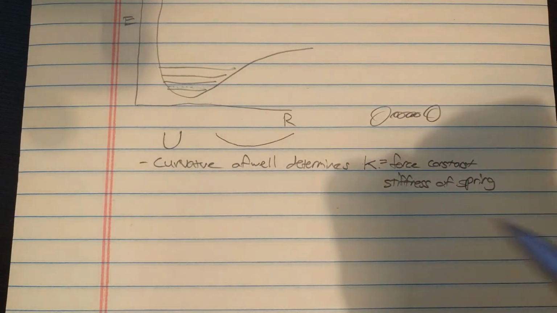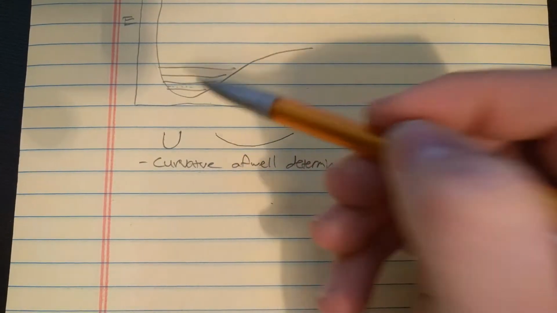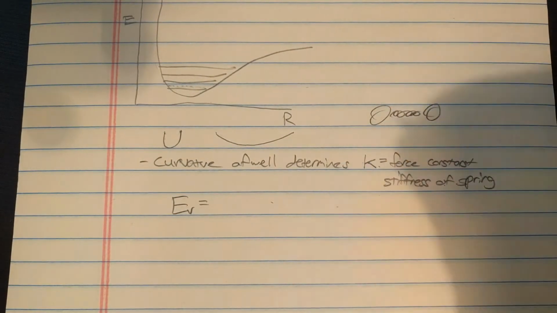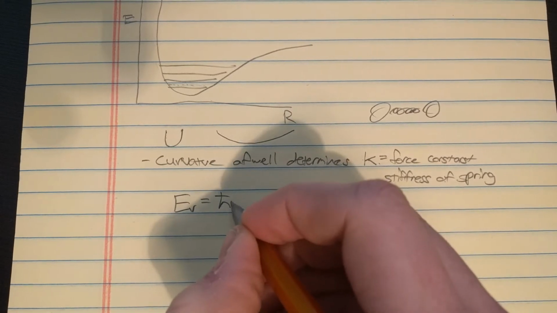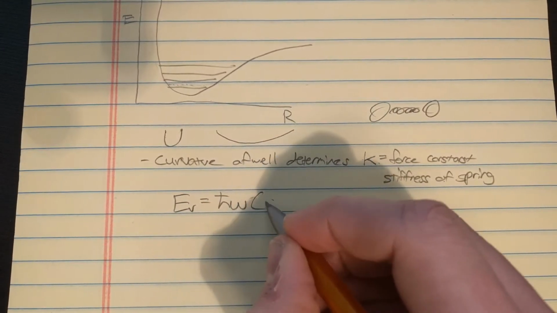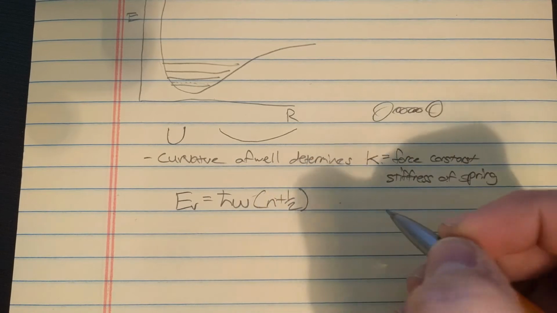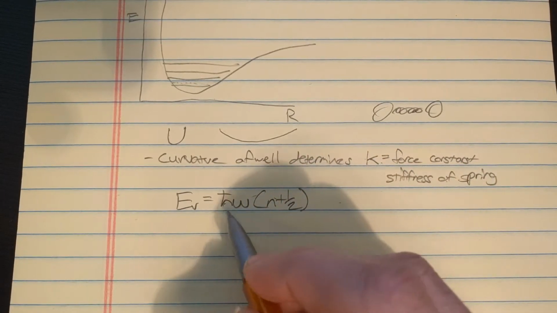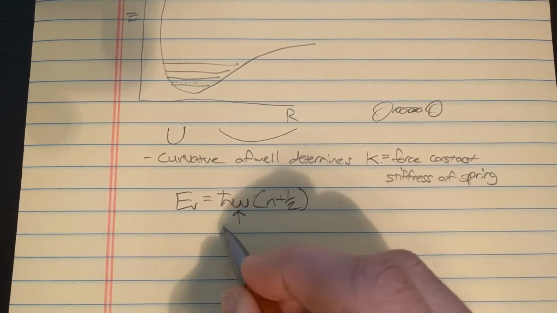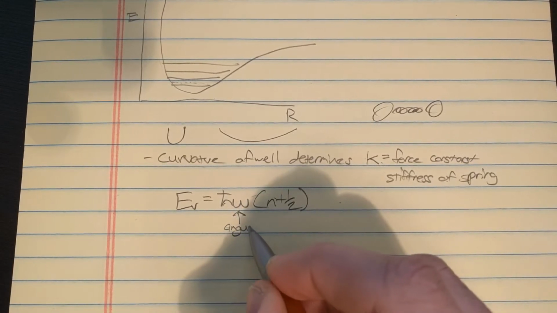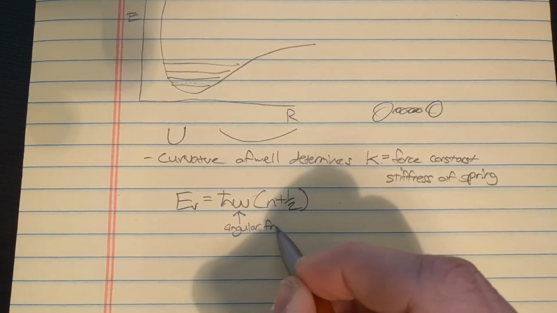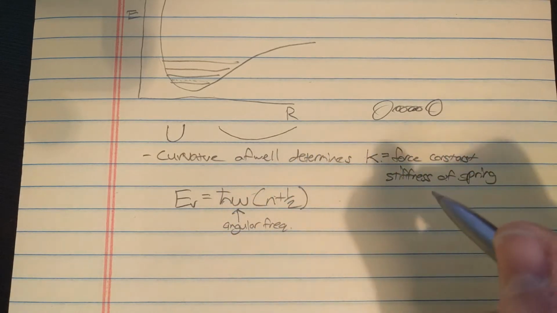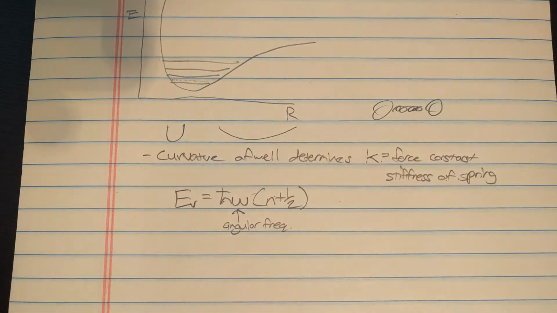So now, to determine the vibrational energy levels, use the following formula: h bar omega (n plus 1/2). And h bar is Planck's constant divided by 2 pi. Omega is the angular frequency, which is related to the frequency I've been talking about, it just differs by a factor of 2 pi.